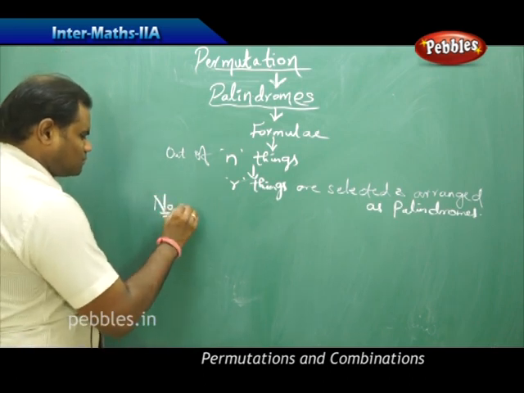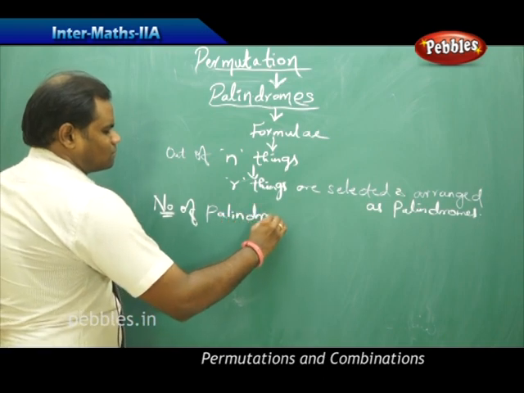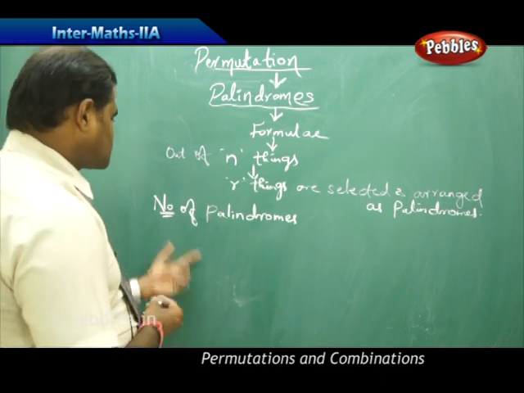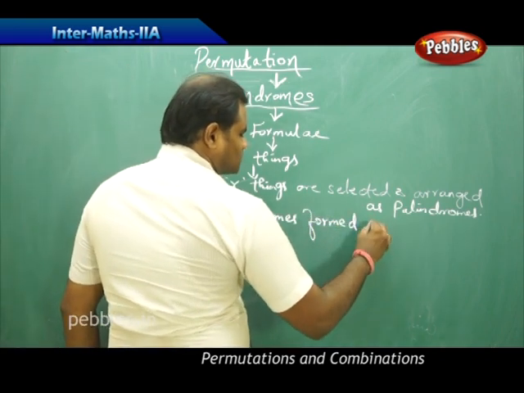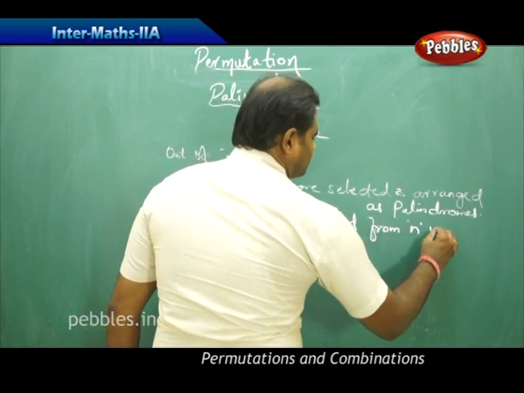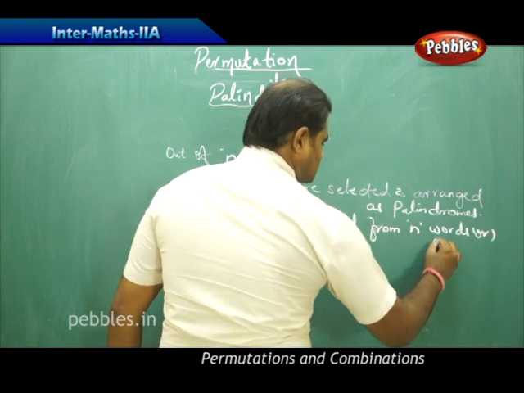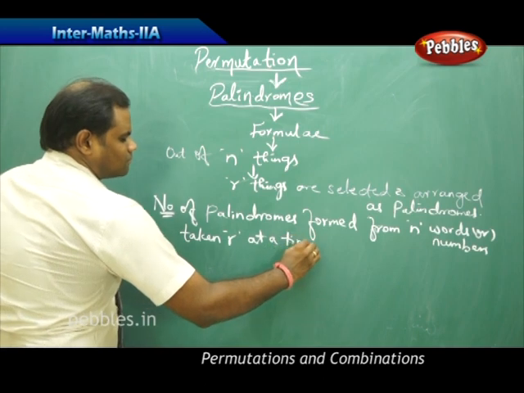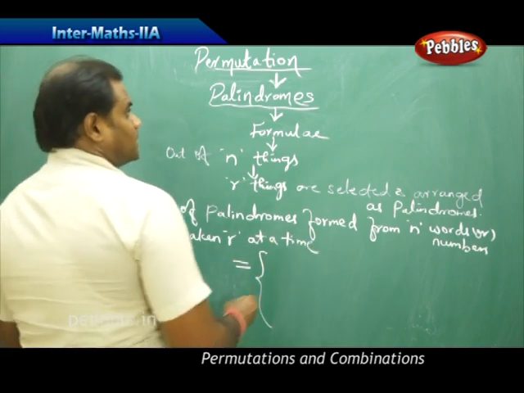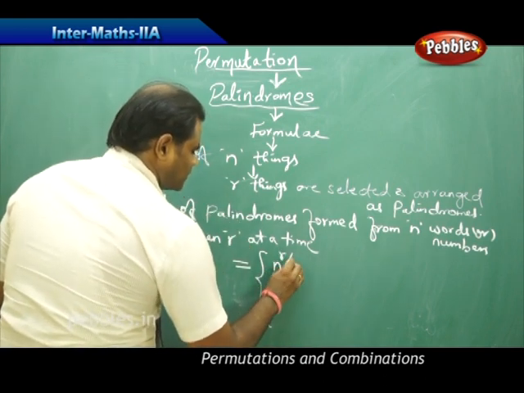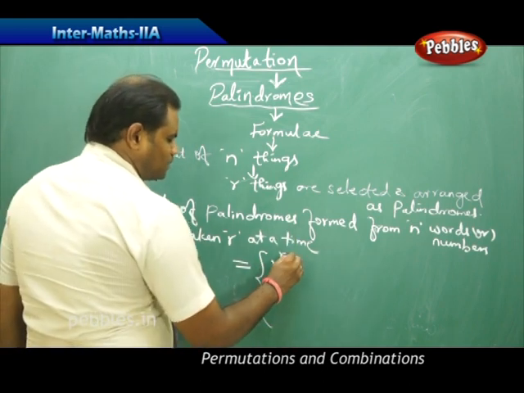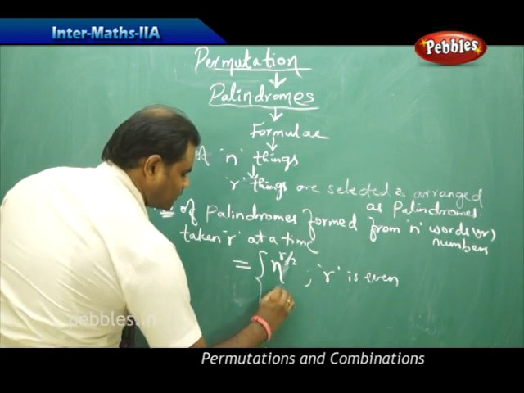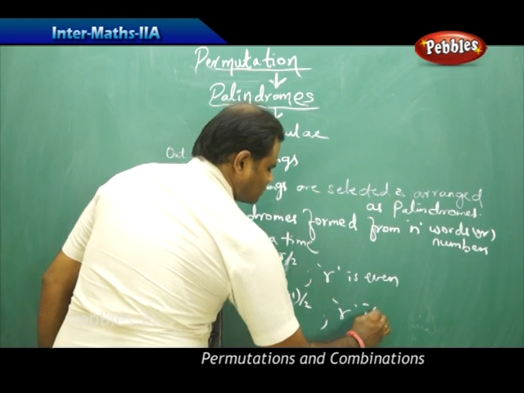Then the number of palindromes which can be formed, where r things are taken out of n things, is given by the formula: the number of palindromes formed from n words or numbers taken r at a time is n power r by 2 if r is even, and n power (r plus 1) by 2 if r is odd.